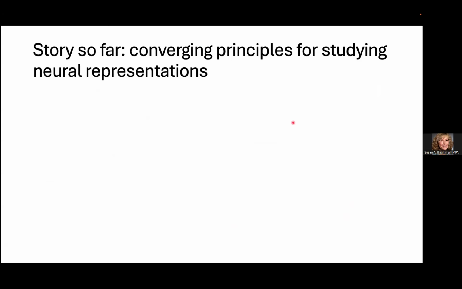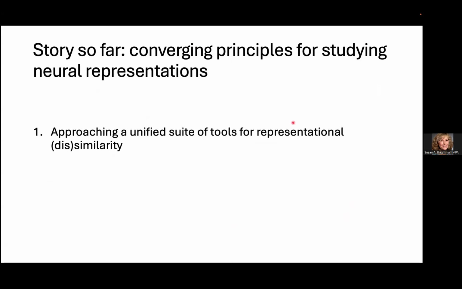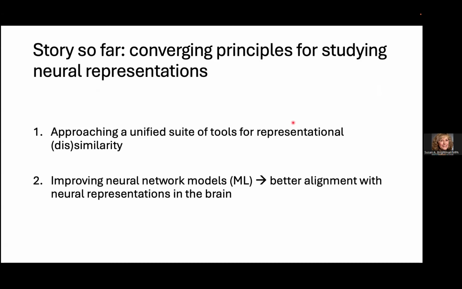Both in terms of converging tools. So we are approaching a unified suite of tools for measuring representational similarity or representational dissimilarity. And it seems that even our models and brains are converging into common principles, and that the better we make our machine learning models, we are getting better models for predicting neural data for free.